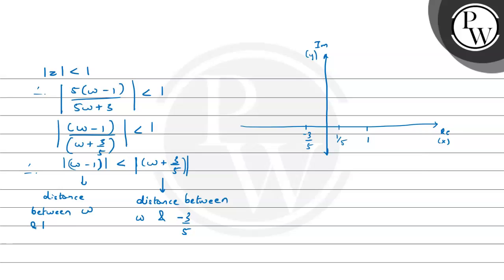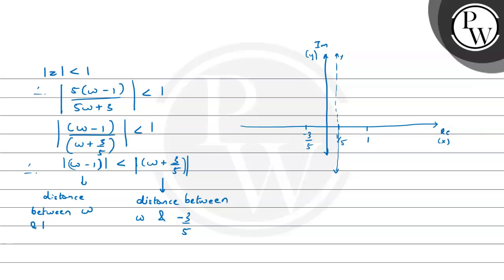The reason we need this complex number is because we are talking about the distance between omega and 1, and on the other side of the inequality we have the distance between omega and minus 3 by 5, and we want the distance between omega and minus 3 by 5 to be more than the distance between omega and 1.